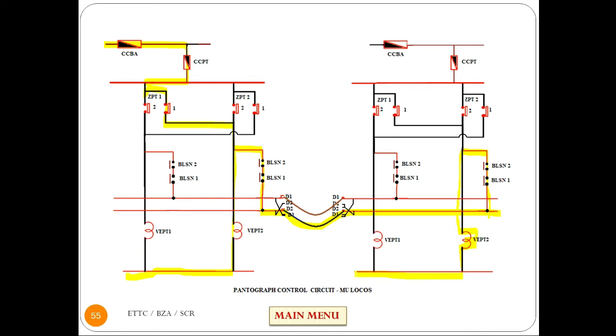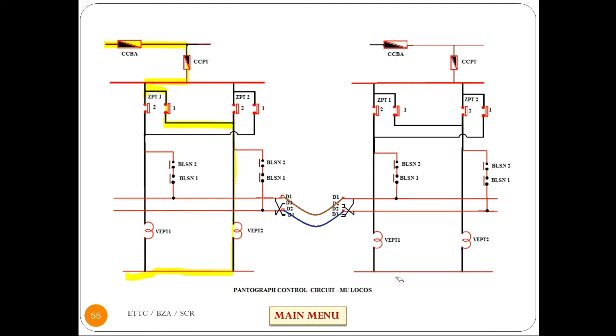Whenever you are operating the BLSN switch in the leading loco, BLSN switches are provided here. If you operate this BLSN switch, this interlock gets open circuited. Whenever this interlock gets opened, VEPT2 of the trailing loco gets open circuited.